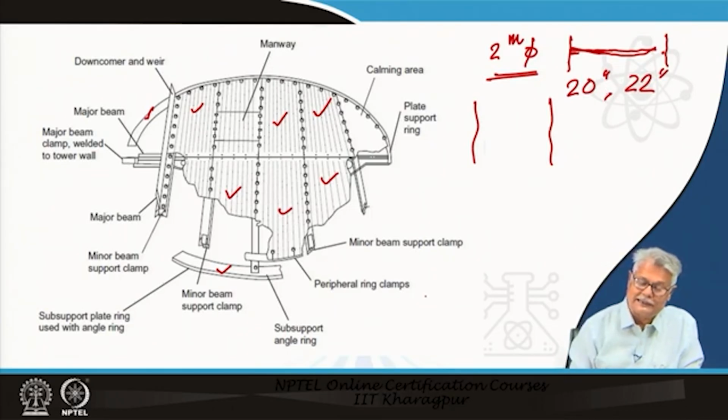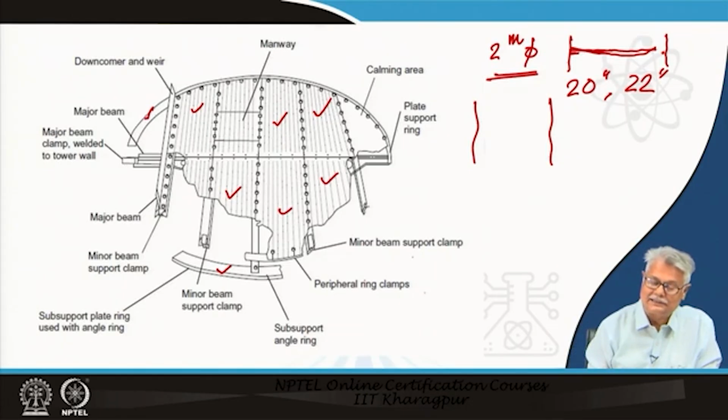That means the second largest dimension of your tray segment has to be such that it can be passed through the manhole. So, by this time you must be appreciating that the dimension of the tray segments has a very strong relationship with the size of the manhole on the tower shell.